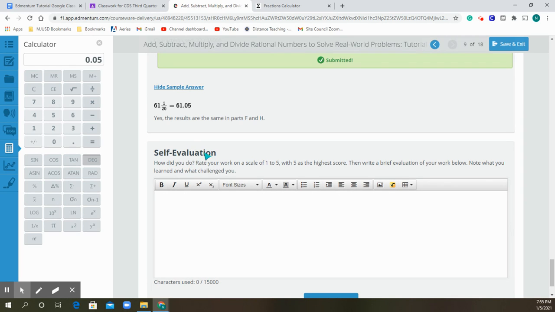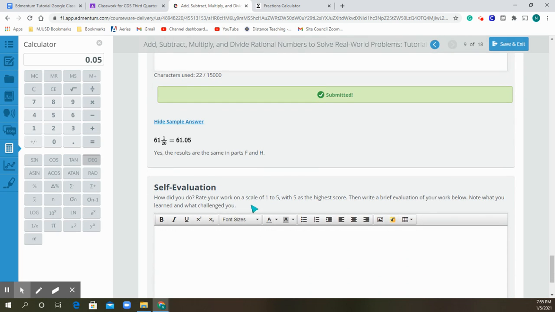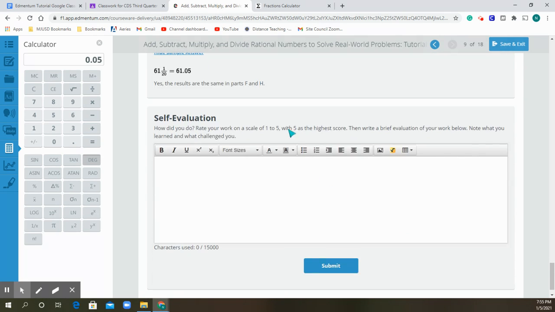Scale of 1 to 5, I think I did a 4. There's always room for improvement. I probably could have added degrees Fahrenheit, learned how to do that, or copy and pasted it. I didn't do that.